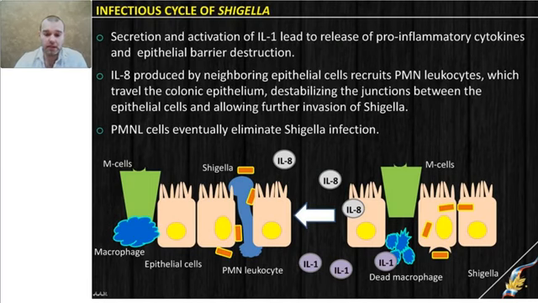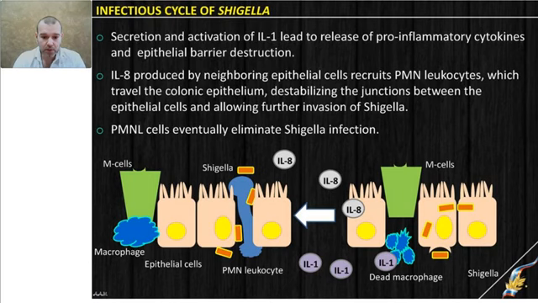Destroyed macrophages and affected enterocytes release a number of cytokines. Interleukin 1 and 8 are the most important. They induce chemotaxis of leukocytes and other macrophages, and some of them lead to destruction of the epithelial barrier and of our tissues, and make the disease more severe.